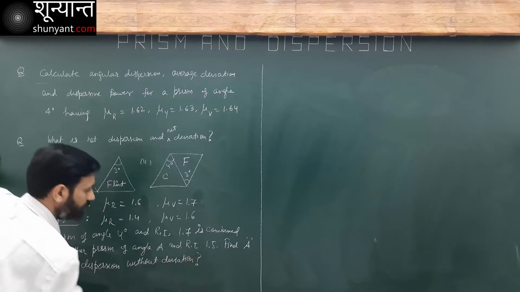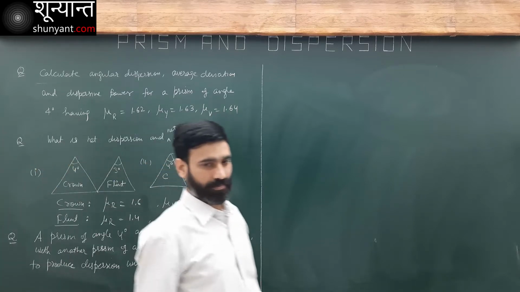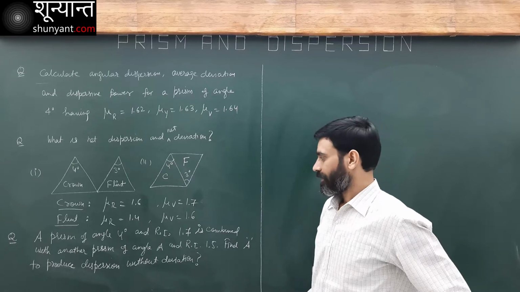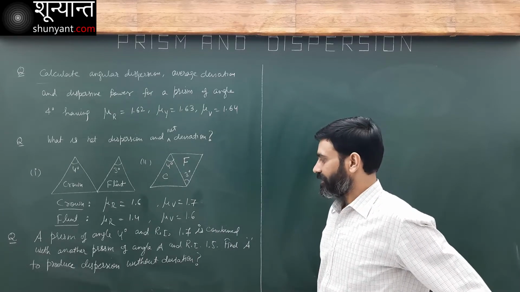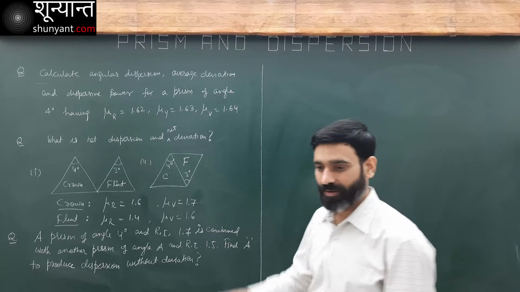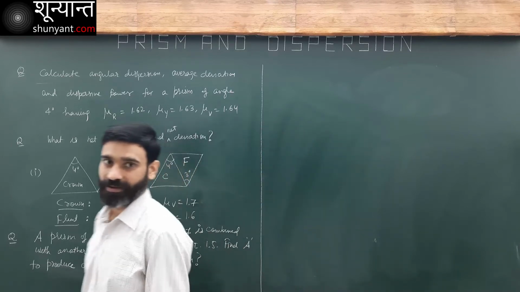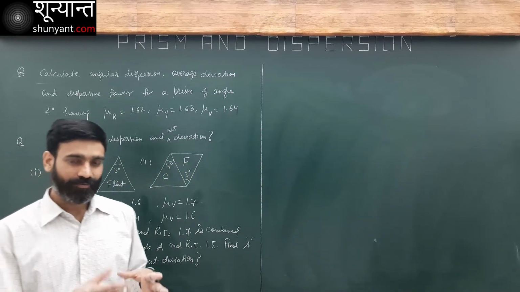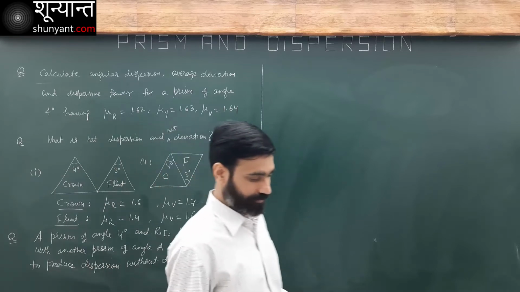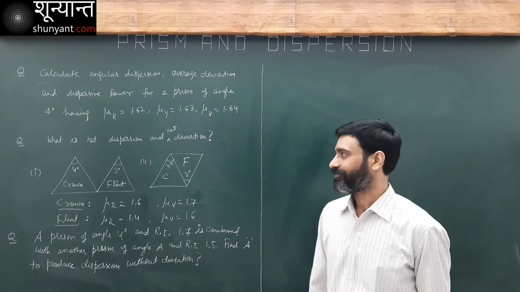Now this is a little confusing problem. Refractive index is given, so for which wavelength, for which color, it is not specified. Then we will have to assume something by default. Okay, we will see what we have to assume.